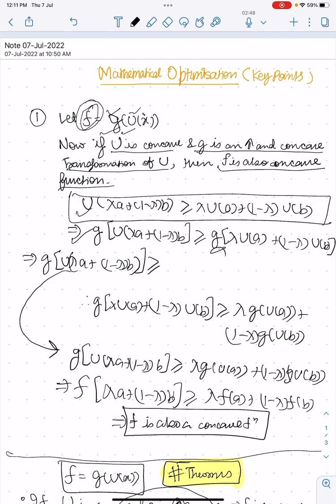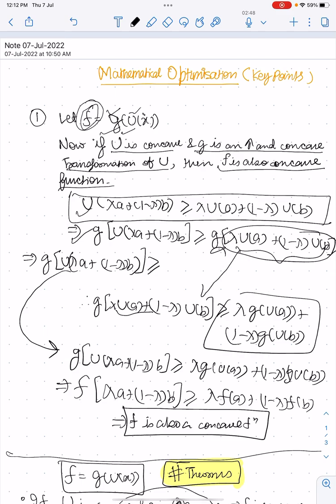Now, since we have assumed that g is a concave function, g of the convex combination is greater than or equal to the convex combination of g's, which is this. So we are linking this part to this part, and we are getting this.